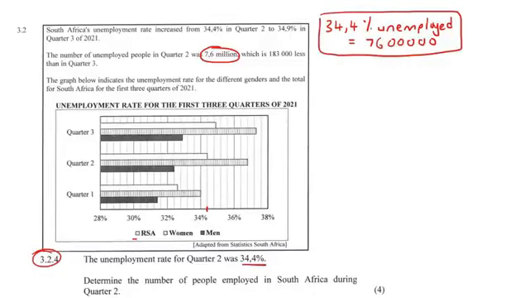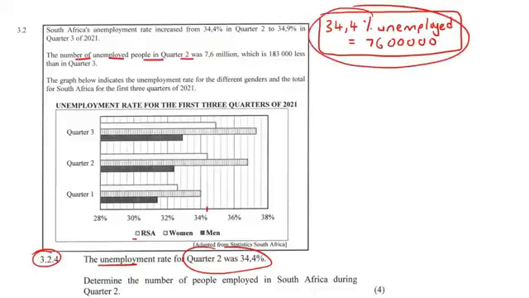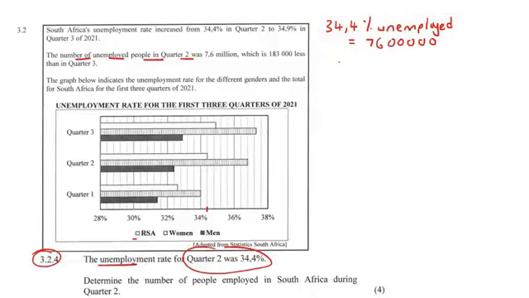Because they said 34.4% in quarter 2 are unemployed. And then here they're saying the number of unemployed people in quarter 2 is 7.6 million. So these two go together. You agree with me? Perfect. It says determine the number of people that are employed in South Africa. Well, there's a number of ways we could do this, but I want you to quickly work this out for me, will you?